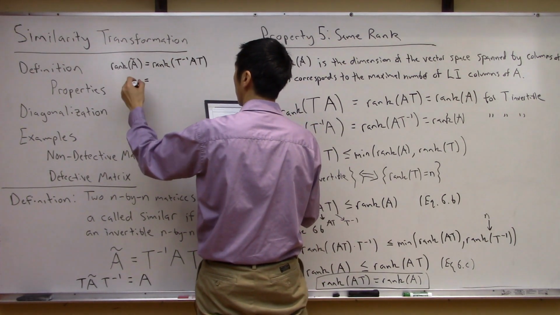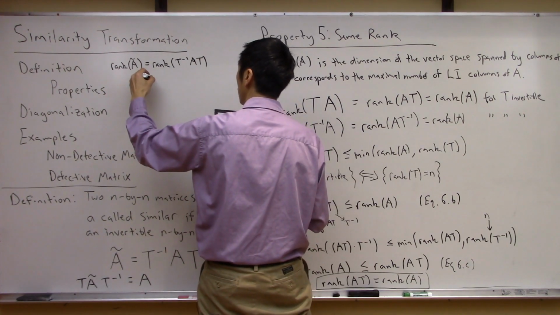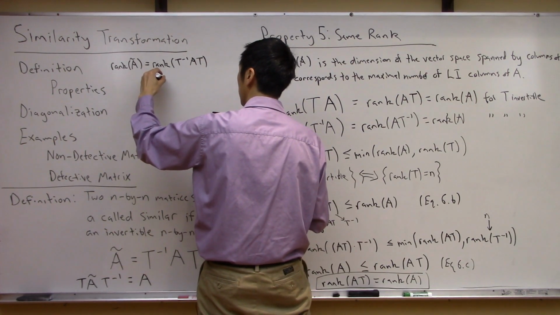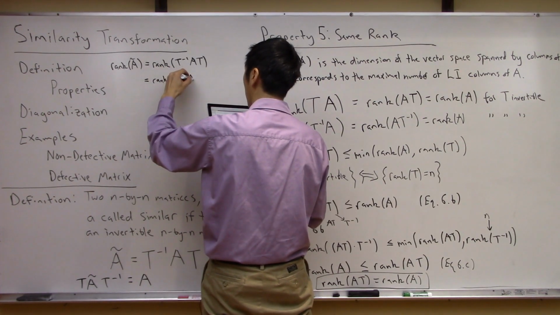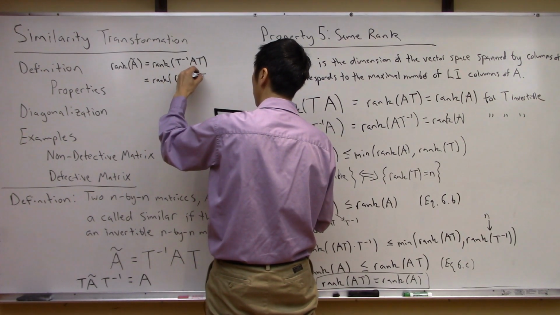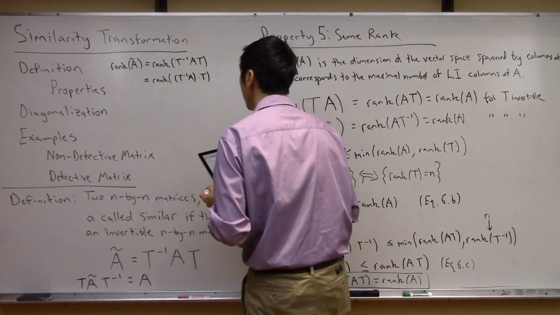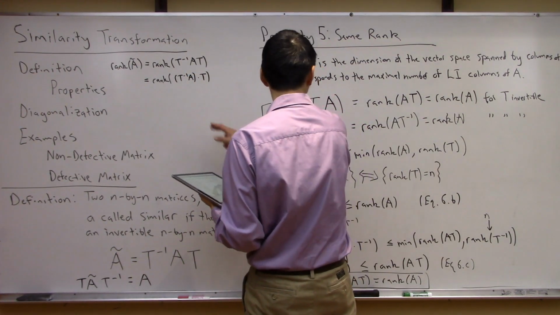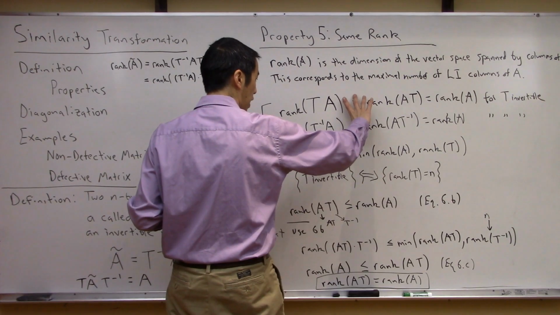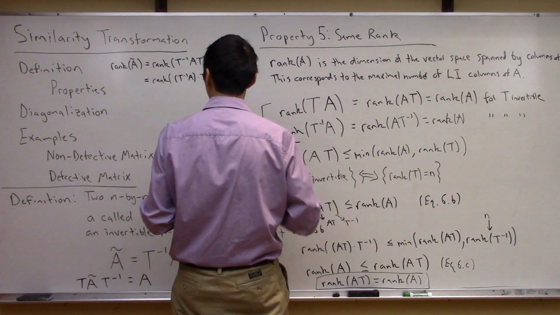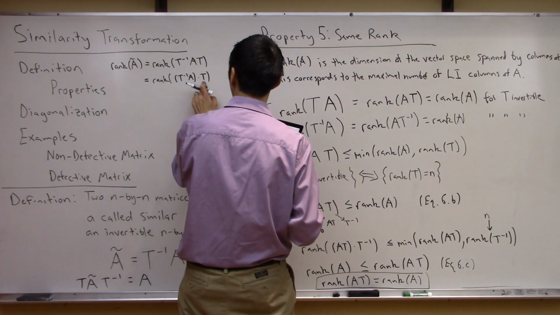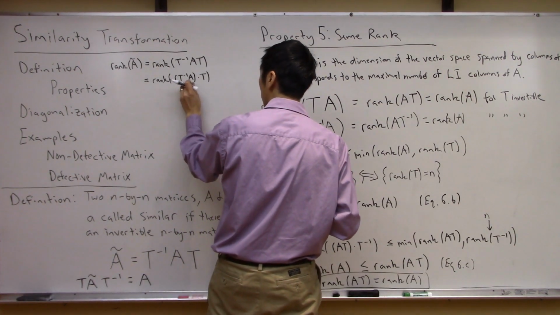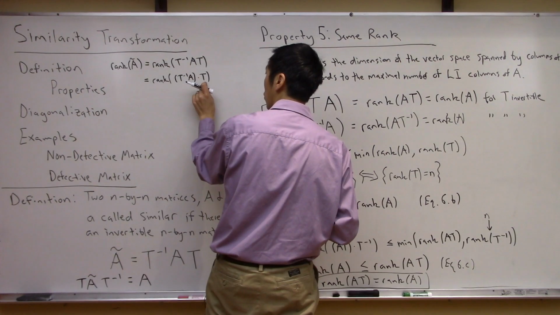Let's break this up into the product of two matrices: the rank of T inverse A as one matrix, times T. Pursuant to this set of equations, this is the product of something times T, which I know is full rank.